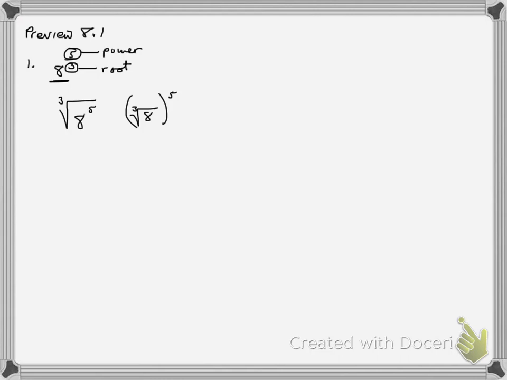Now, one of these will be simpler to solve than the other. Can you identify which? If I took the cubed root of 8, I know that's 2, and 2 to the 5th power is 32. If I did it the other way, I would have to take the 5th power of 8, so I would have 8 times 8 times 8 times 8 times 8.